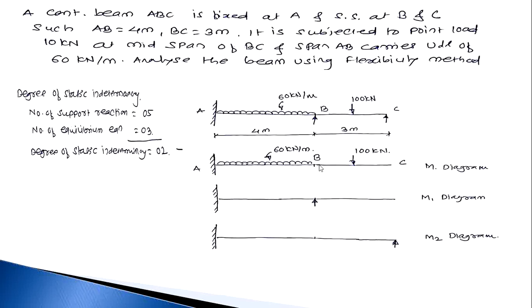Then next, we apply the B support, that is, B and C now become redundant forces. So apply the B force or the B reaction at point B. This is the M1 diagram, and apply the reaction at point C. This is called the M2 diagram.